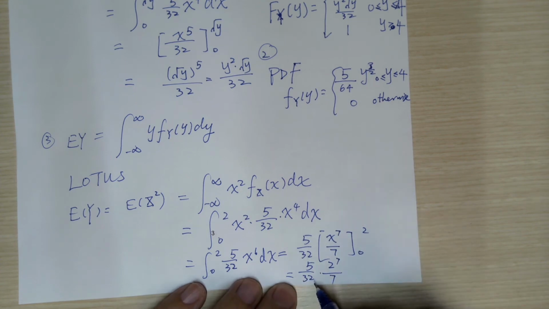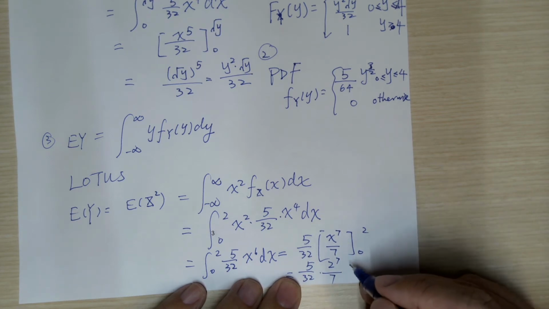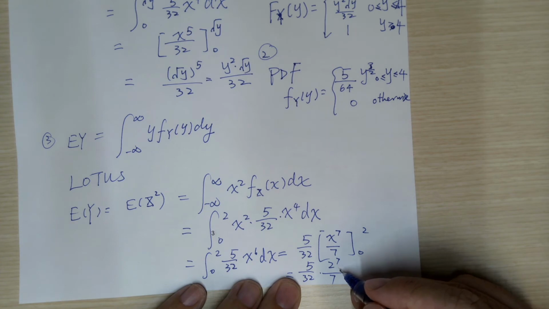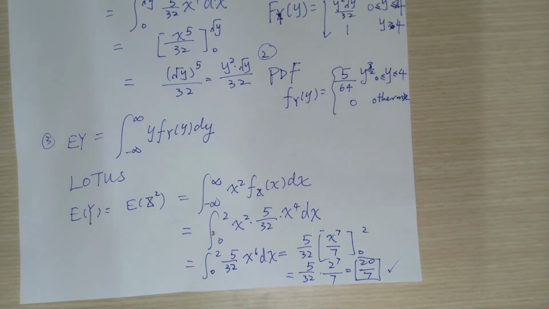This is 2 to the power 5, I think. Yeah. If you simplify that, it's 2 squared, that's 4, 4 times 5 is 20, so it's 20 over 7. Okay, so that's how to derive that. Okay, cool.